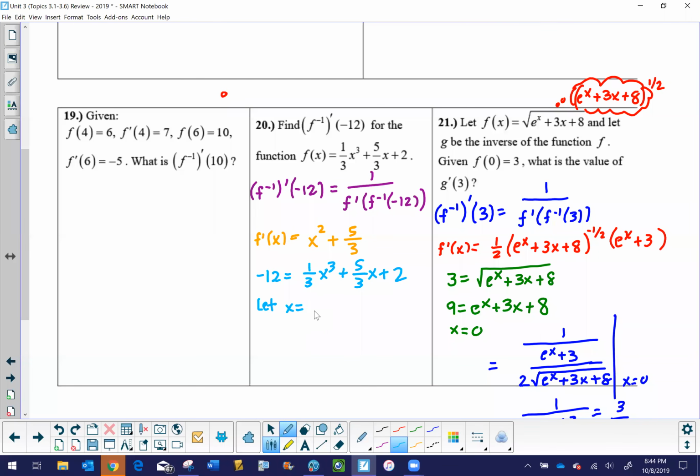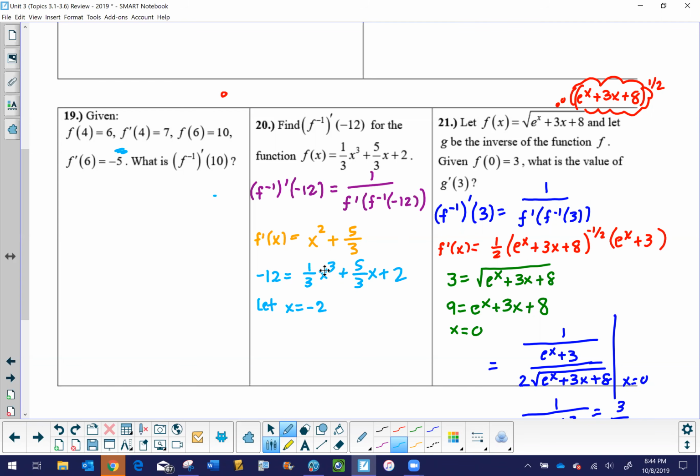I don't think x equal -1 is going to give us a -12. In fact, when x is -1, we get 0, if I'm not mistaken. How about we try x equal -2? If x equal -2 doesn't work, I'm going to quit.